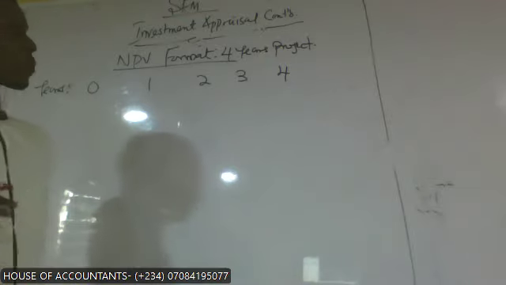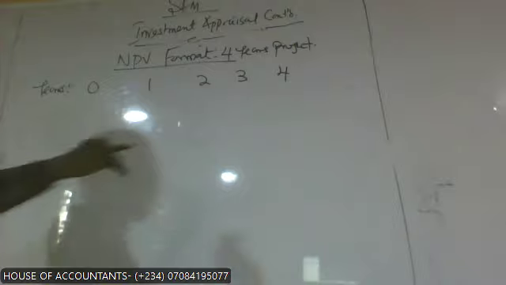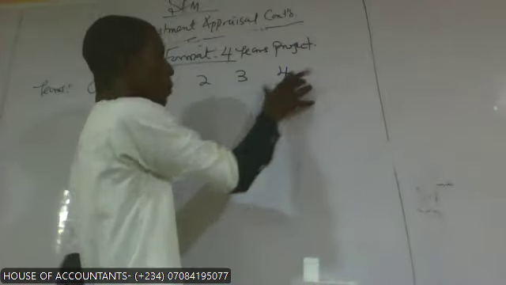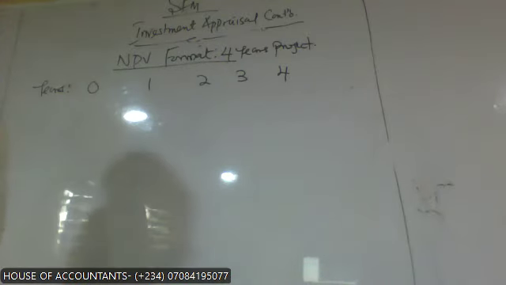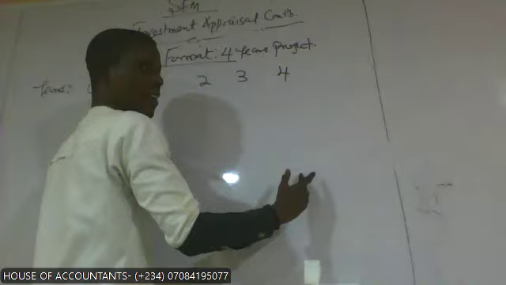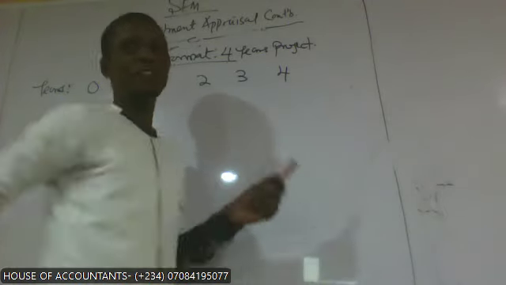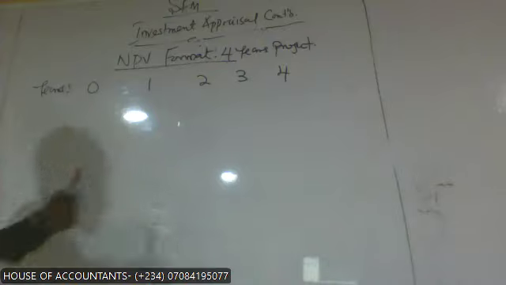Now, there's one thing that you need to consider here. Do we need to create for year 5 or do you stop at year 4? You have to take note of that, because some people will create for 4 years and then be looking for where they will put the tax, and they have exhausted the space.